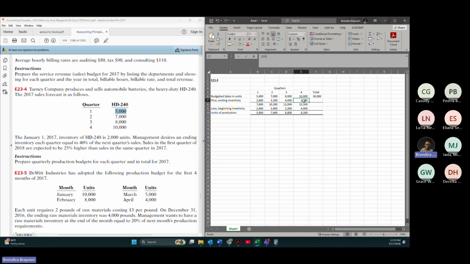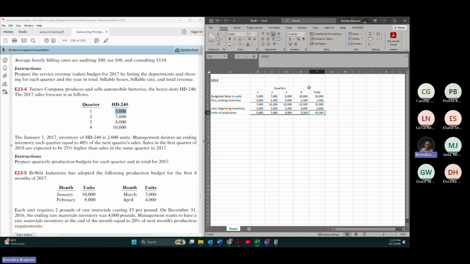So I'm going to take the same 2,500 from there. If I added, 32,500. My beginning inventory is going to be what's at the beginning of the year. So the beginning of the year is all the way over here, 2,000. And so therefore, 30,500 would be my total units that need to be produced.